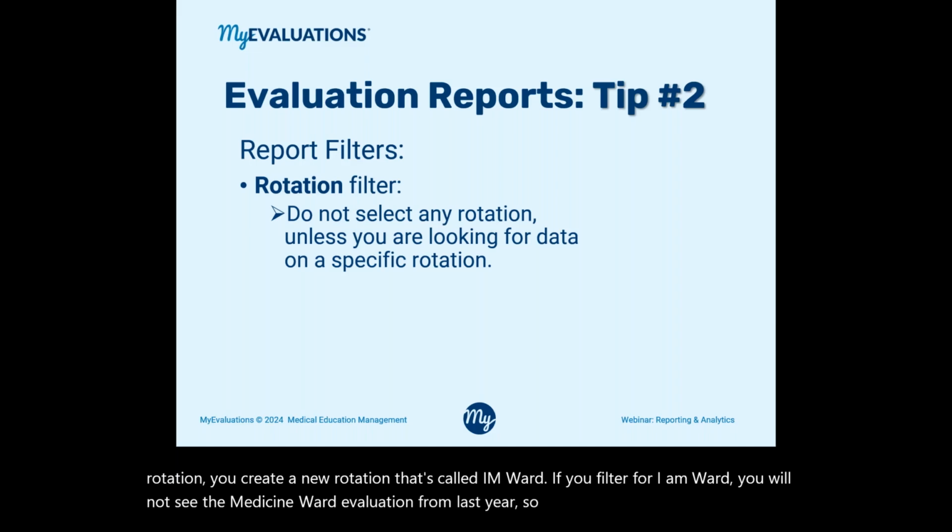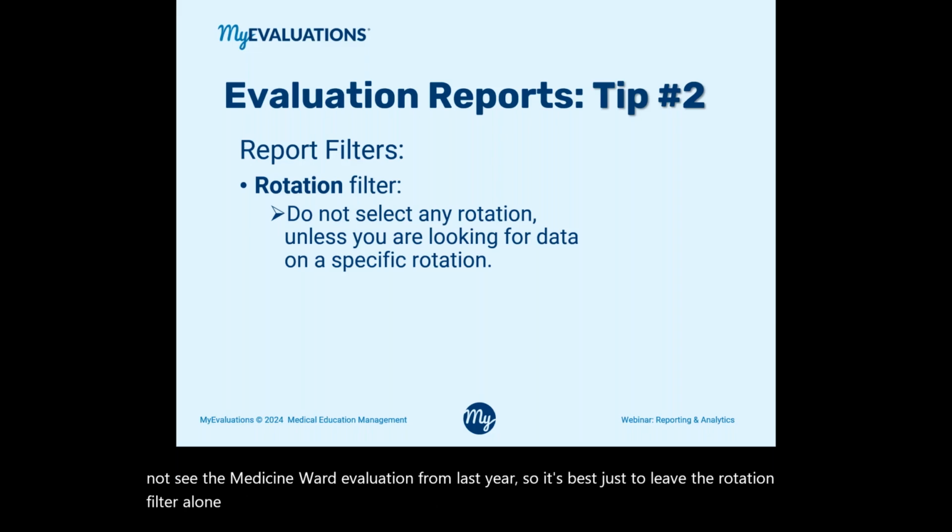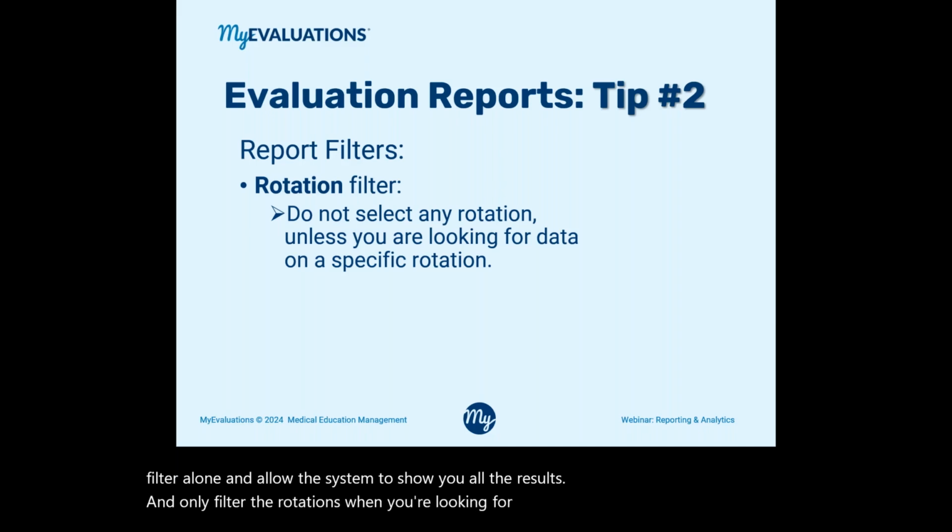So it's best just to leave the rotation filter alone and allow the system to show you all the results and only filter the rotations when you're looking for data for a specific rotation.